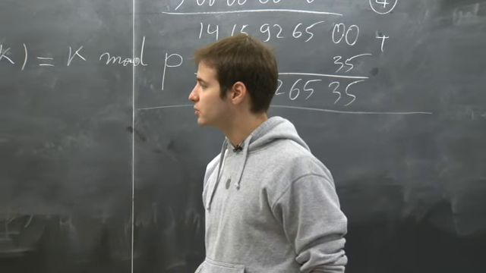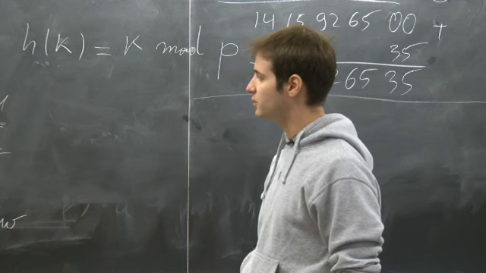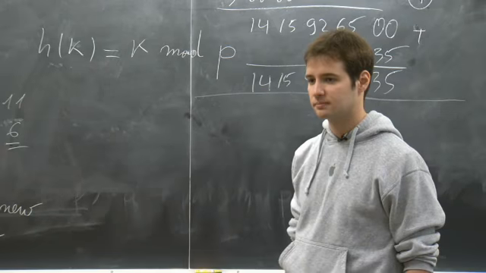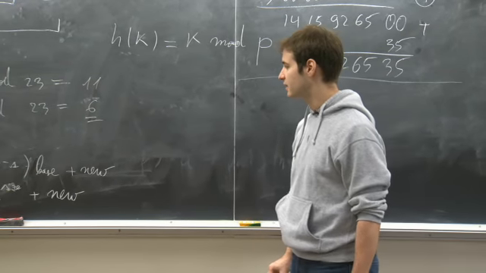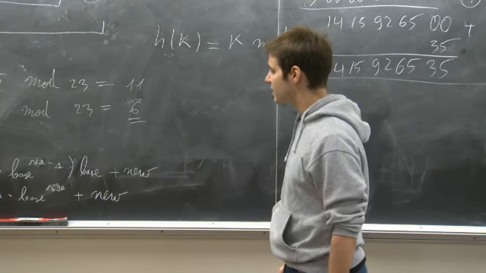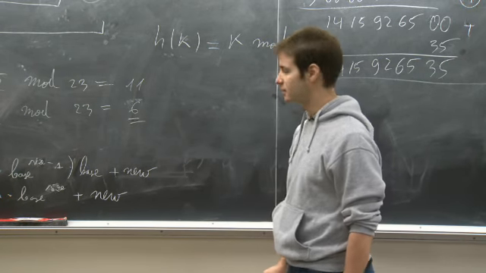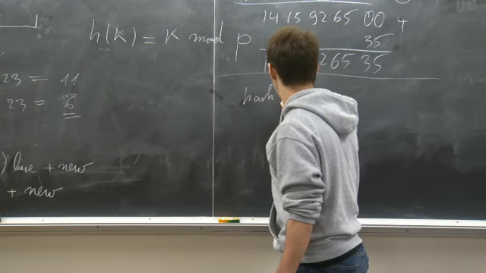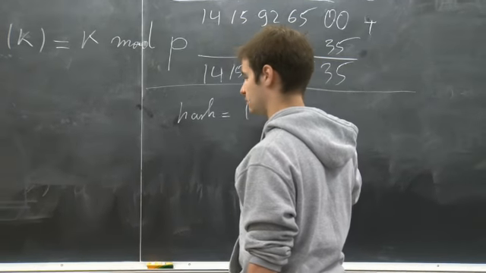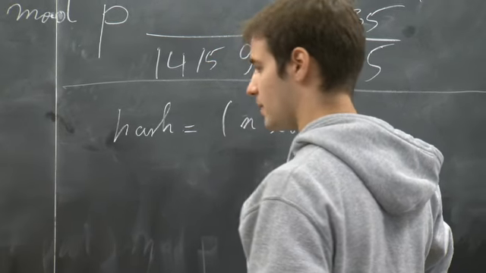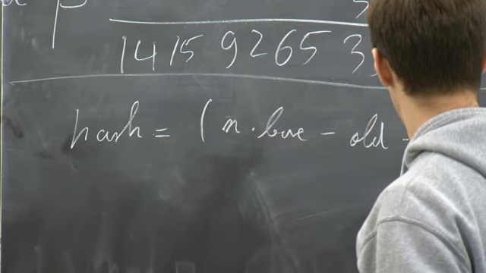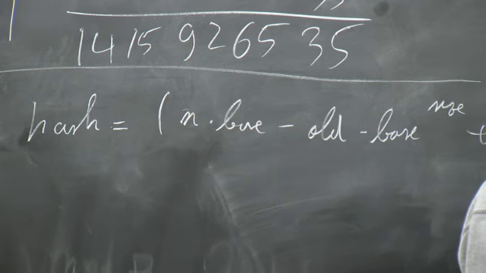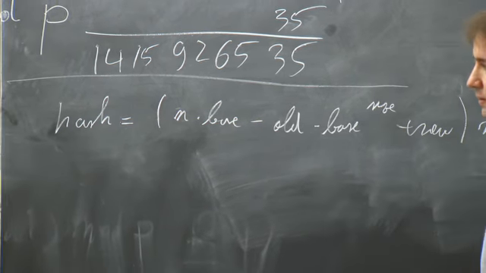Now I want to get hash out of n. How do I do that? Mod 23, very good. In a general way, mod p. So hash is n times base minus old times base to the size plus new, mod p.